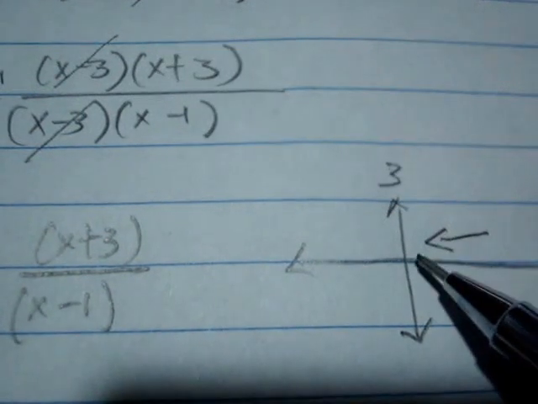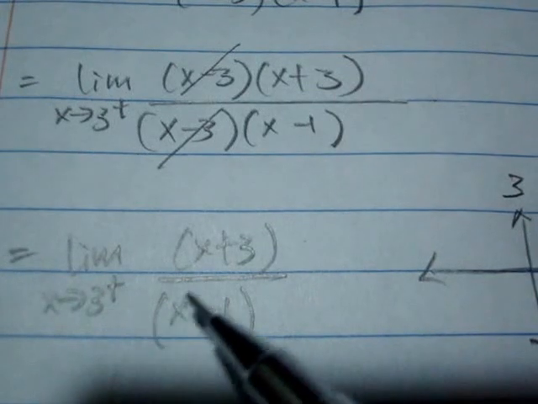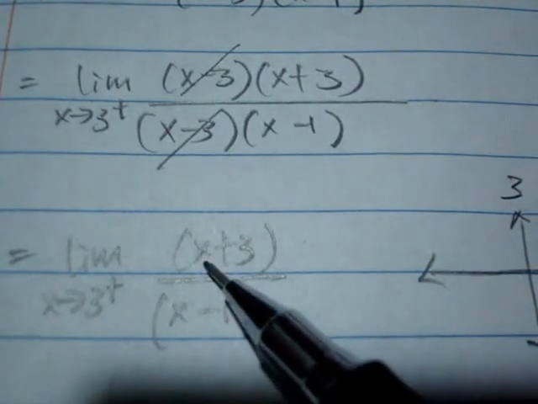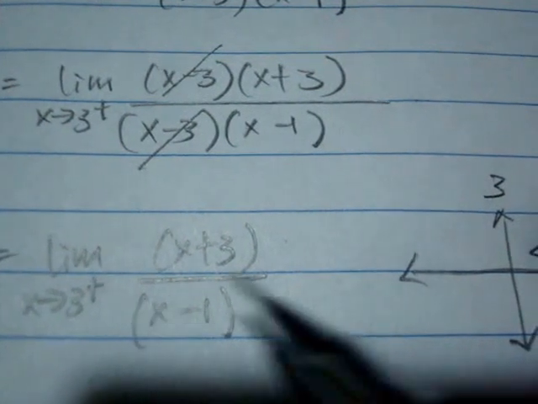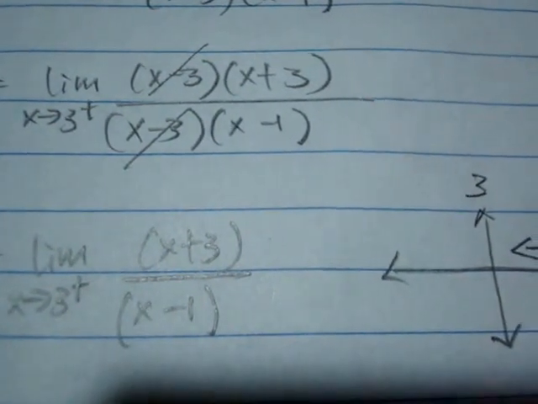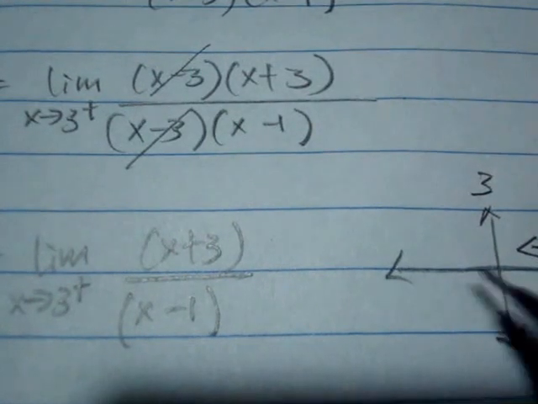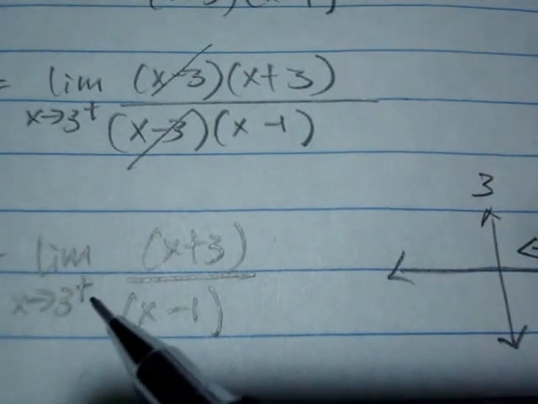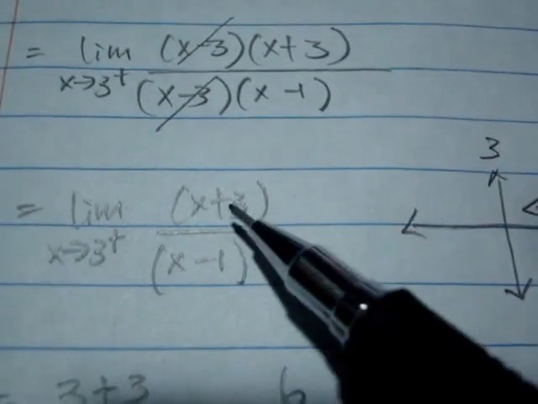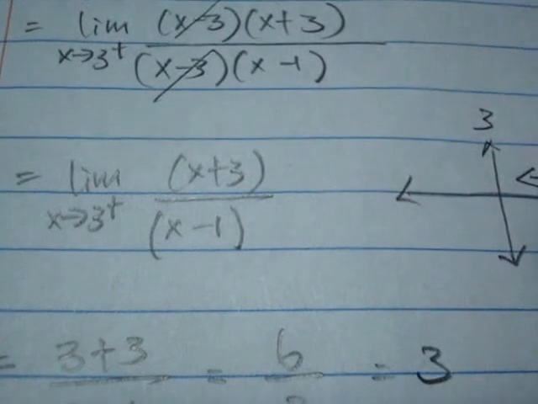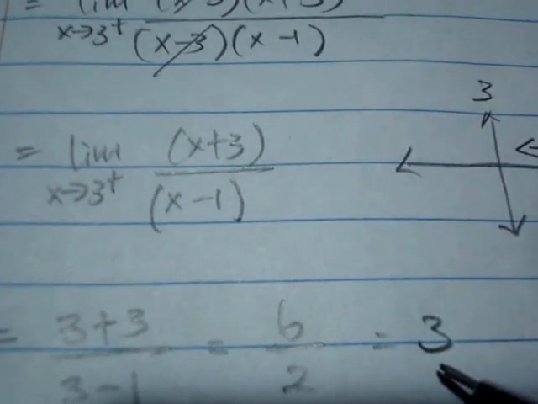So the more you approach it, it'll be 3, which indicates that you plug in 3 for the x right here. The 3 plus means on the right side, with x approaching 3. So you plug in the 3 on the numerator and on the denominator, and you will get 3.